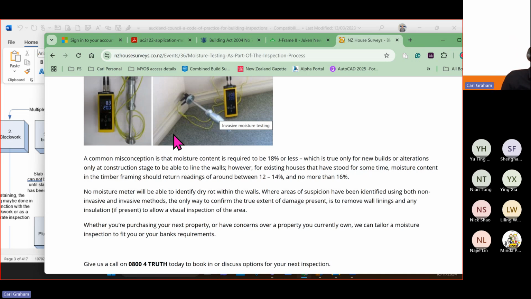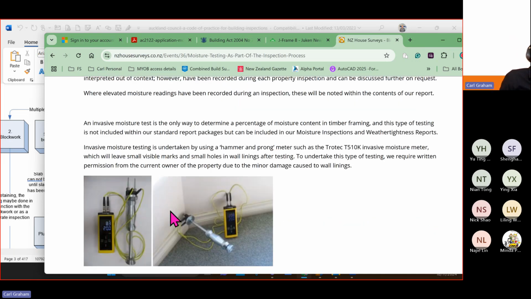So these prongs probably go in about 13 to 15 millimeters. So you can't get a clear reading on the outside of the timber, especially with the type of timber we're using. It dries quite quickly, right?